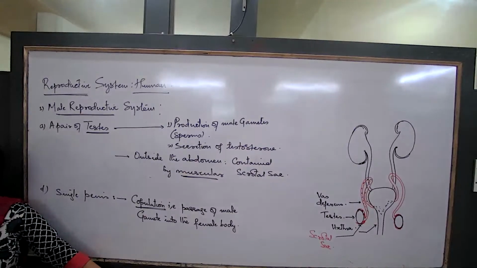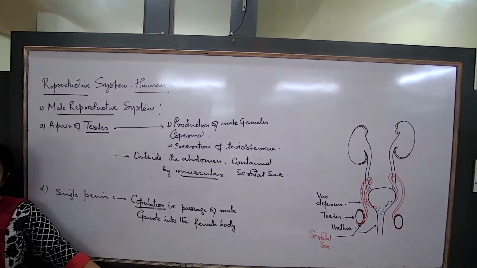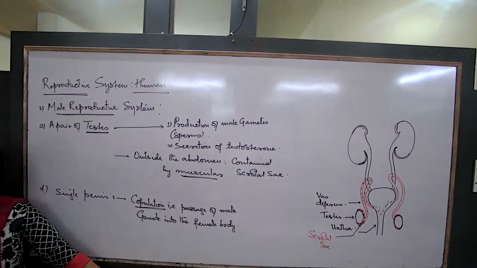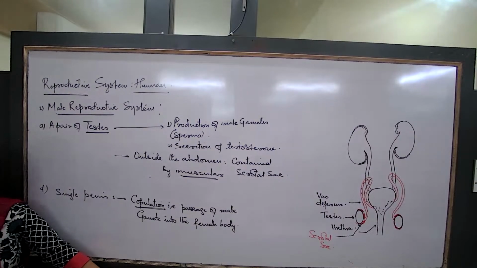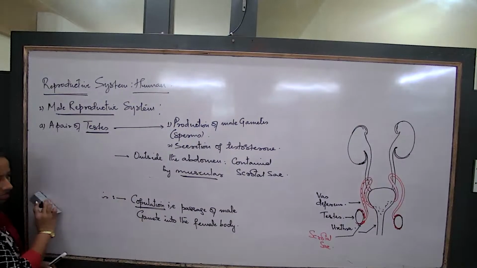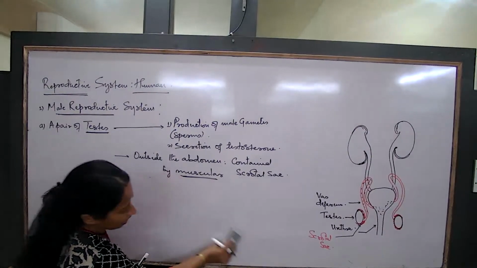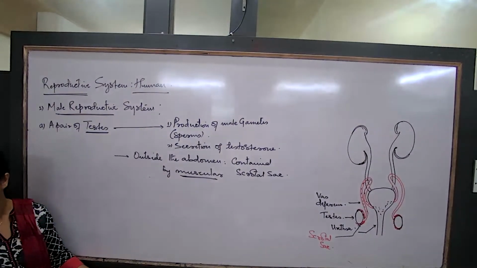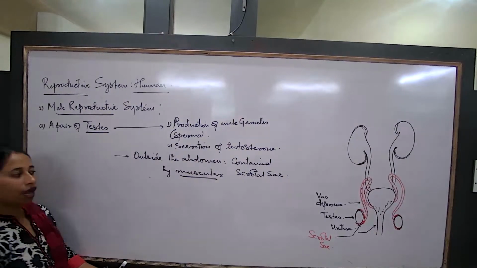Now when I say muscular, I'm putting stress on this word because the basic nature of the muscles plays a very important role. What is it? This muscular bag or the set of muscles constantly undergoes the process of contraction and relaxation. How?